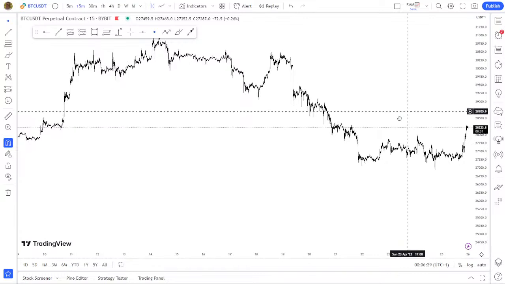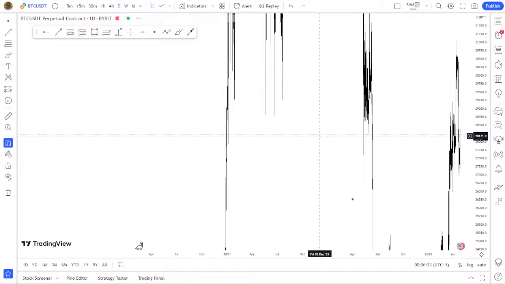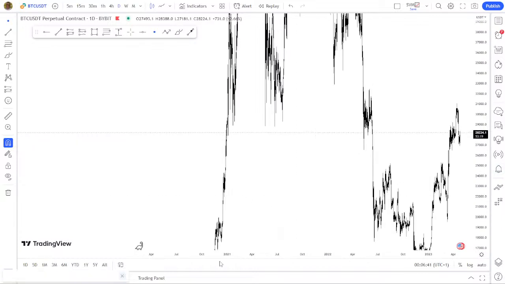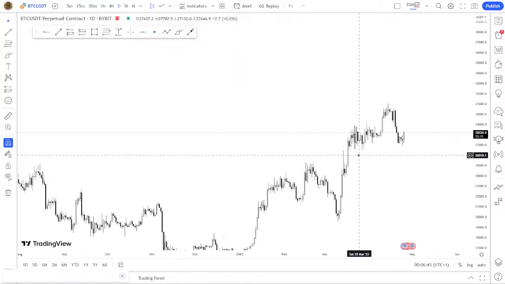So like I said, I'll be starting afresh. I've updated all my lines, so I'll start to plot all of them from the beginning. Because we've been in a range for a while, we just had a breakout of that range.